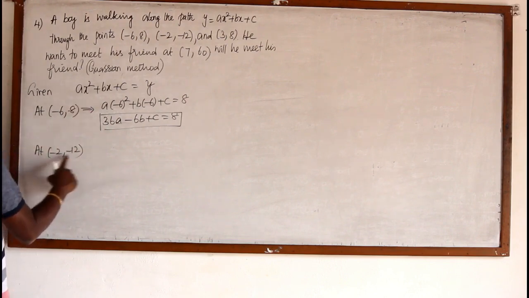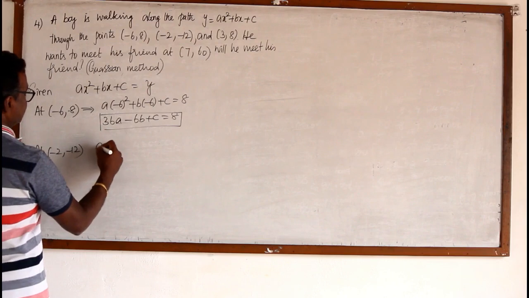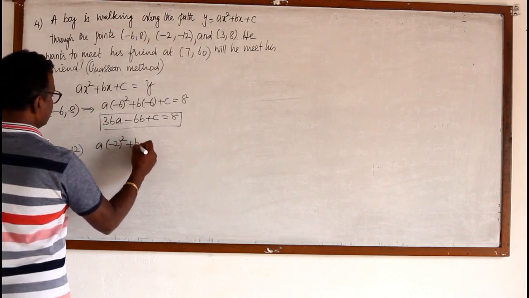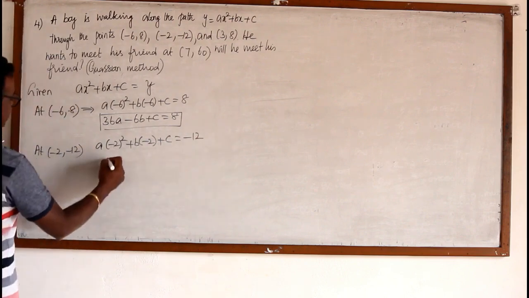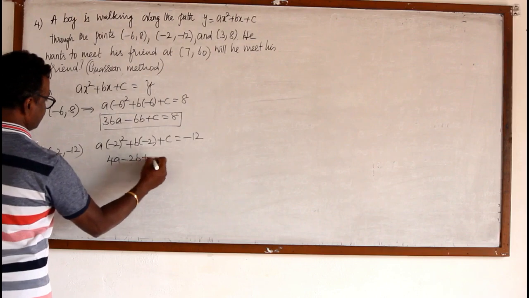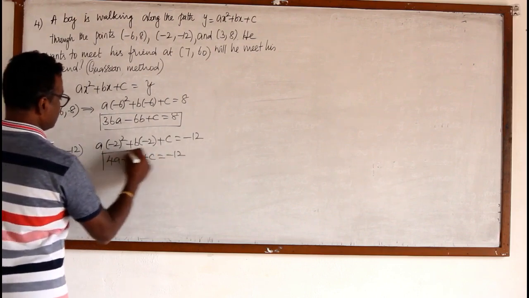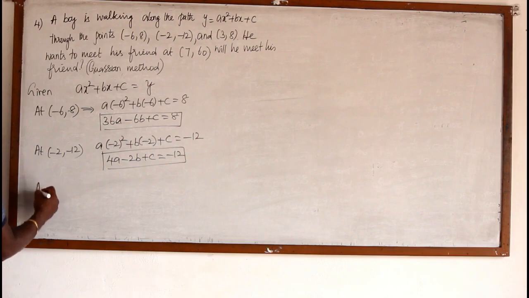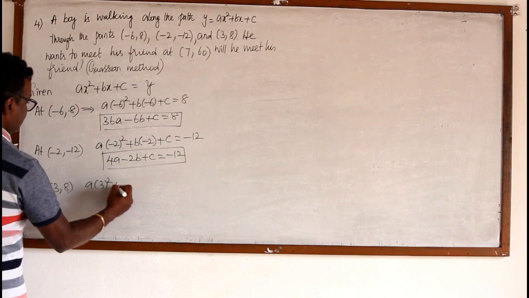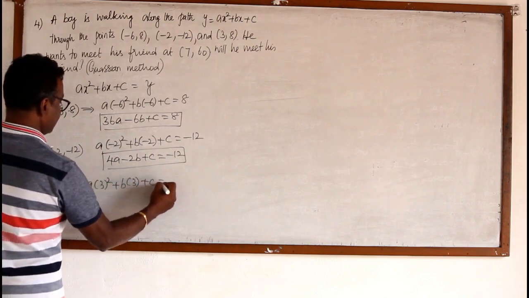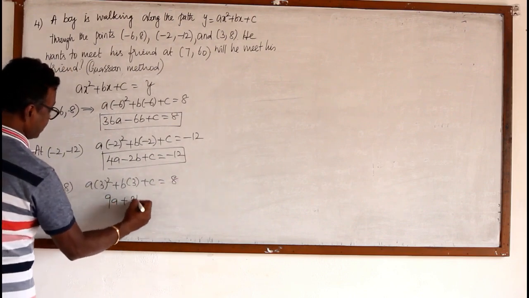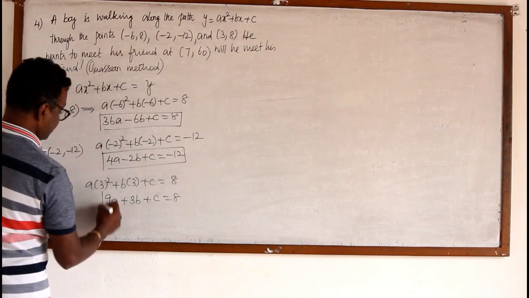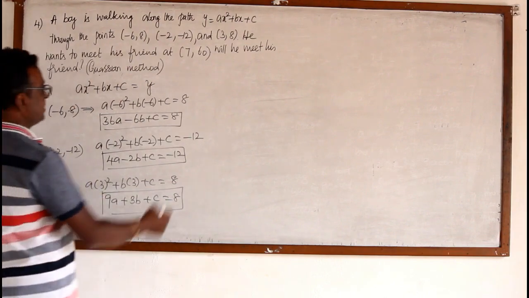Substitute x as minus 2, then y will become minus 12. It is a into minus 2 the whole square, b into minus 2 plus c equal to minus 12. Then it is 4a minus 2b plus c equal to minus 12. This is second equation. Then at 3 comma 8, that is a into 3 square, b into 3 plus c equal to 8. Then it is 9a plus 3b plus c equal to 8. This is our third equation.